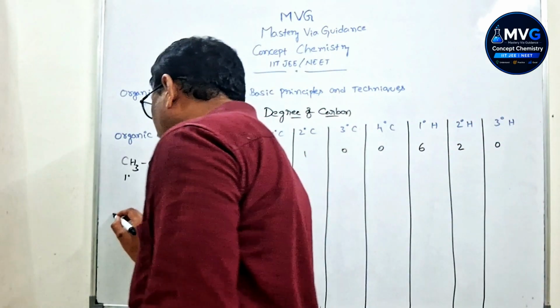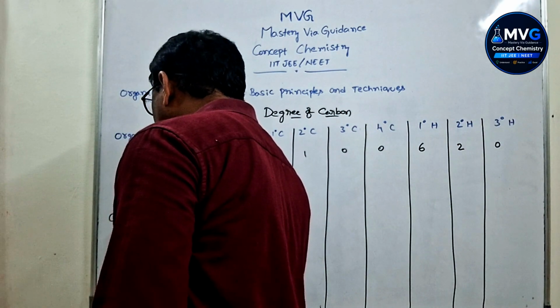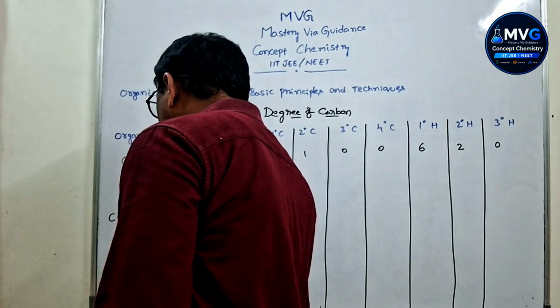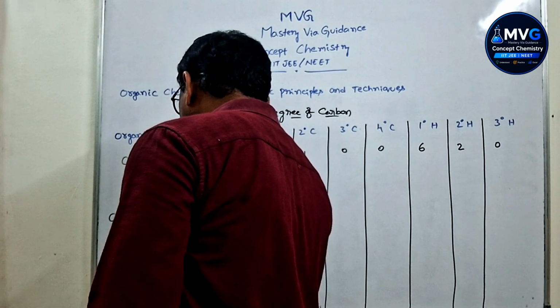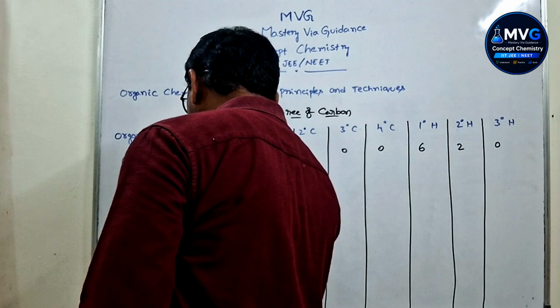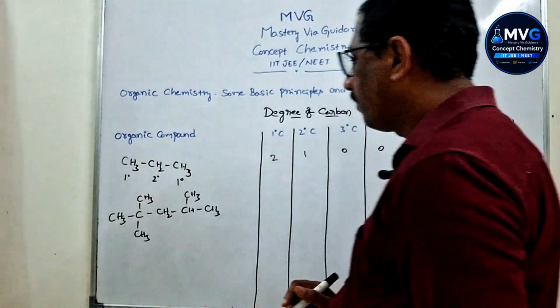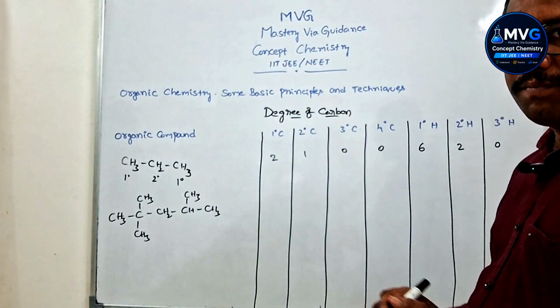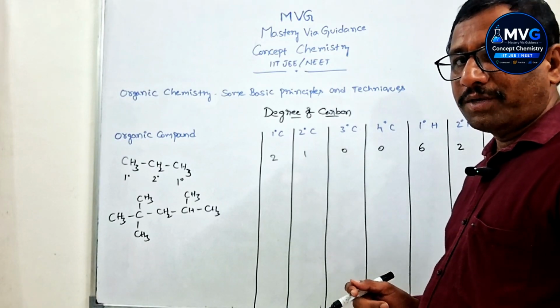Similarly, suppose a molecule is given like this: CH3, CH3, CH3, CH2, CH, CH3, CH3. Now students, identify primary, secondary, tertiary and quaternary carbons.